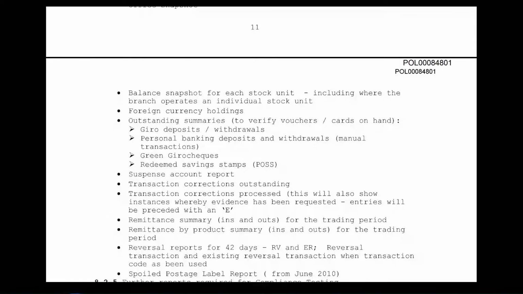Perhaps you can talk us through, using this document or just your own recollection, the kinds of reports that an auditor would be able to have access to. I would say essentially everything that the manager in charge of that branch would have access to. So we're talking about reports that identify which stock units are at the branch in use, transfers between those stocks, remittances in and out of the branch, an office snapshot or a balance snapshot which will highlight at any moment in time what should be in the branch and how the balance position should look.